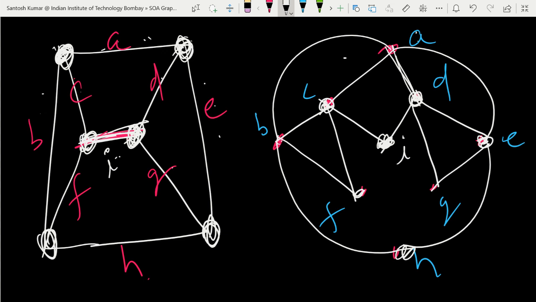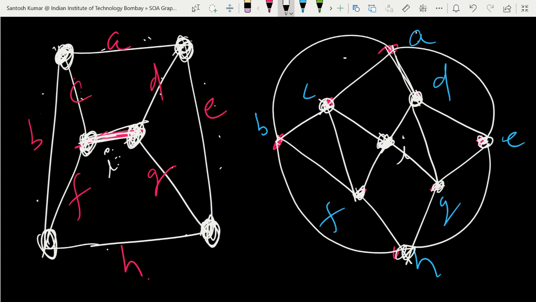Let's come to F. F shares with C, I, B, H. So B, C, H, I. G here shares with H and E, and there is D, I. So H, E, D, I. For I, you can check.